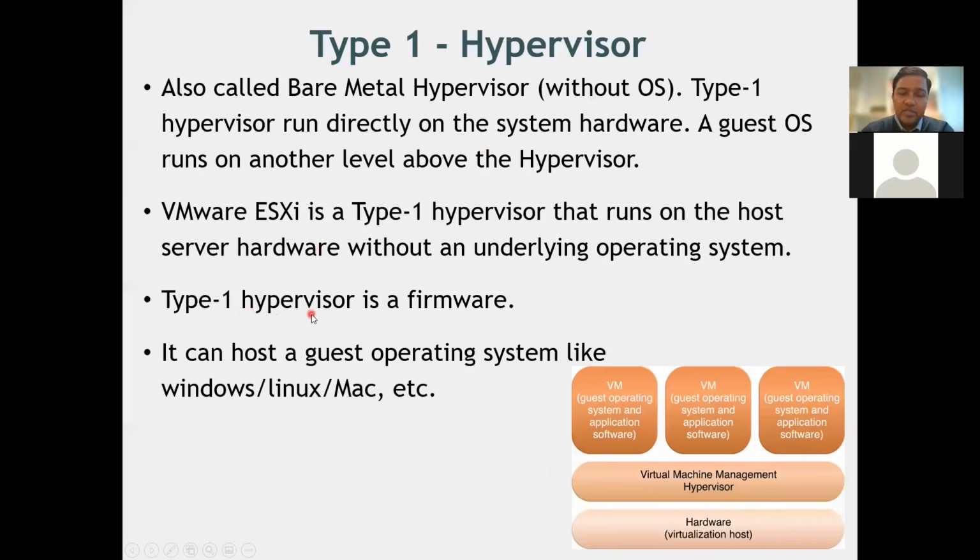A type 1 hypervisor is basically firmware. There is a slight difference between software and firmware. Firmware can directly interact with the hardware. For example, when you have a USB device, it has a small chip on its board and also a small memory.